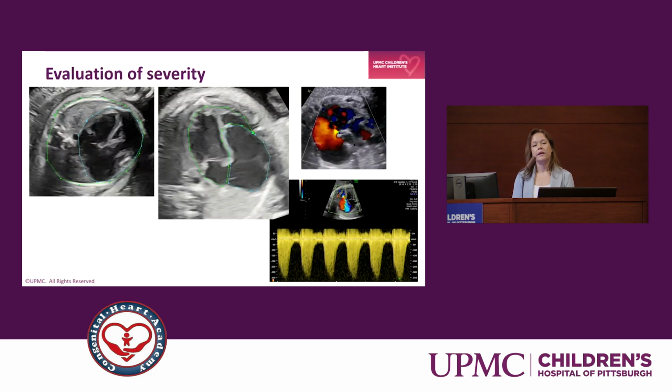So when we evaluate in these cases the severity of fetal Ebstein's, there are many factors that we look at to provide a global assessment of the severity in order to counsel families. And that includes both anatomical and physiological features. Some of the anatomy that we look at includes the cardiac size, so the cardiothoracic area ratio.